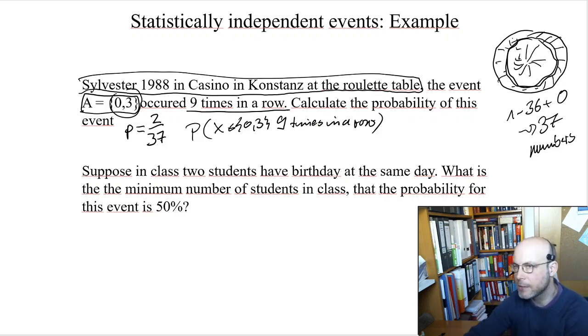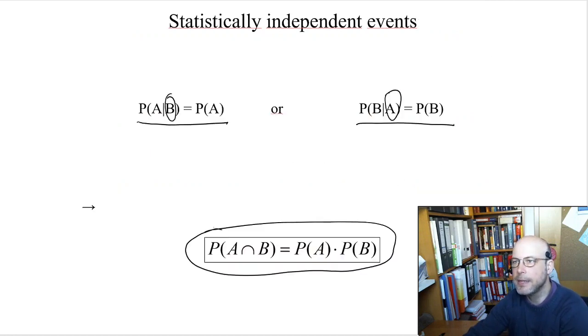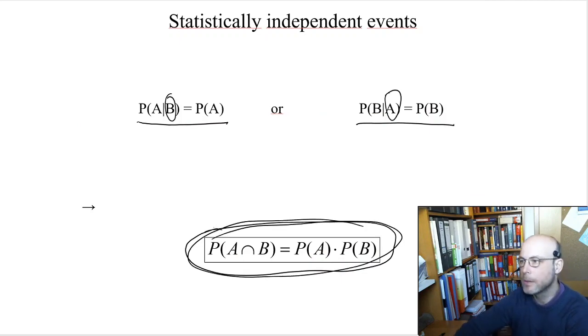If all these events are statistically independent, then this is our formula, which we have to use: A and B, where A is the event 0 or 3 the first time, and B is the event 0 or 3 the second time.